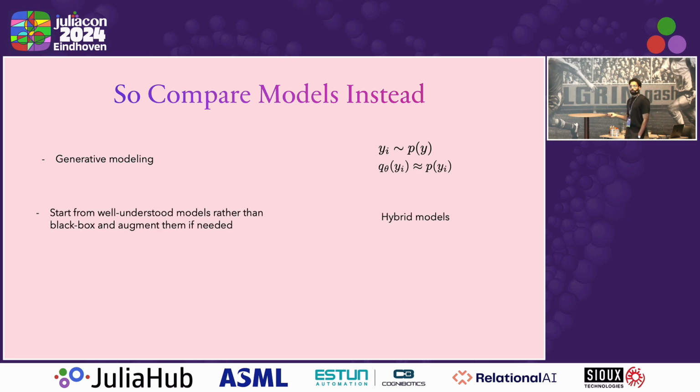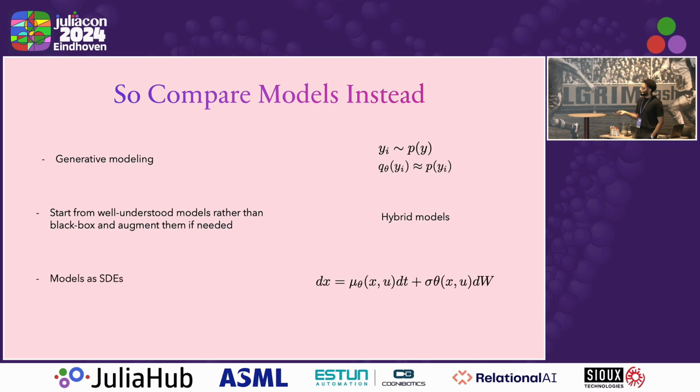Rather than starting from something like deep neural networks and then trying to explain that, we go the other way around: starting from well-understood models and then augmenting them if needed, if you need more complex networks, for example, to model your observations. So we're going towards hybrid models and mostly these SciML kinds of models.